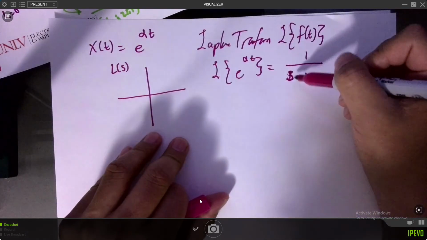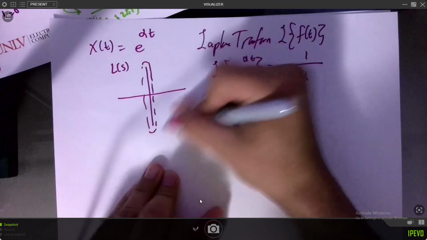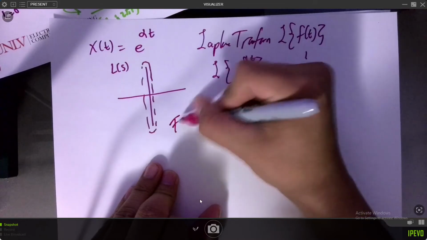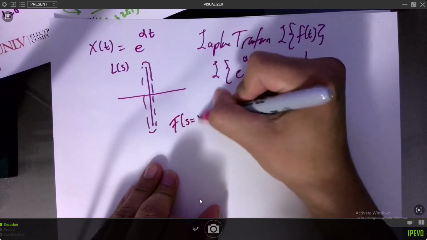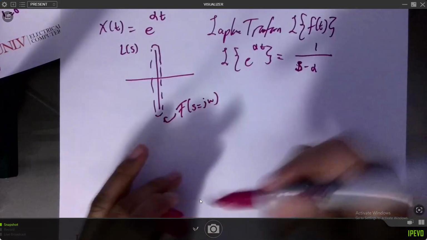S is equal to a. But point is, we want to look at this imaginary axis. This right here is the Fourier domain. F of s is equal to j omega. So this right here is the point that we want to get to.